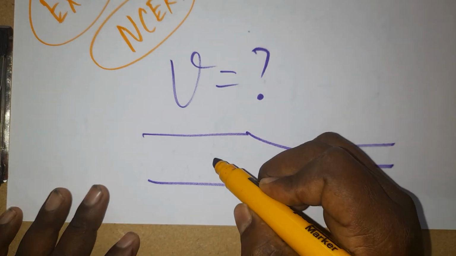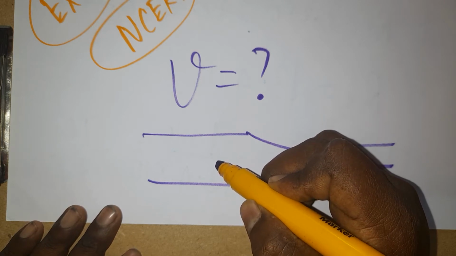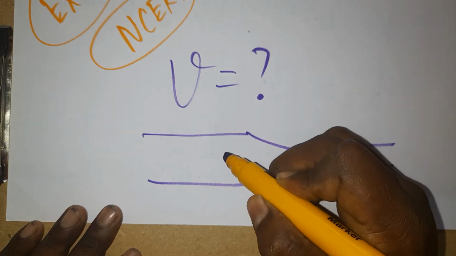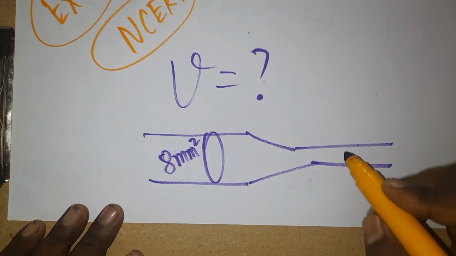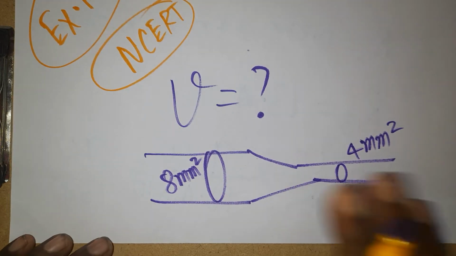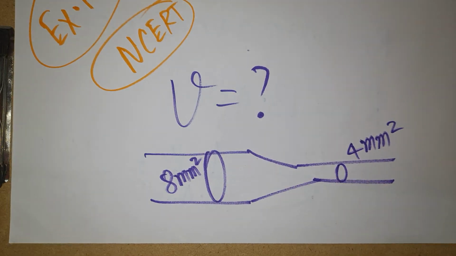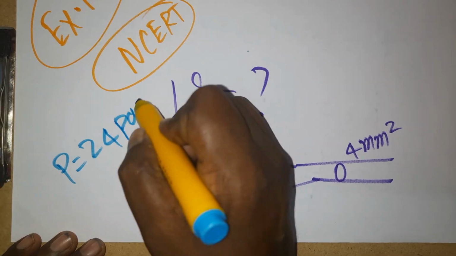The bigger area is given as 8 millimeter square, and the smaller area is 4 millimeter square. They asked what is the velocity of the liquid flowing. Pressure is also given in the question, 24 pascals.